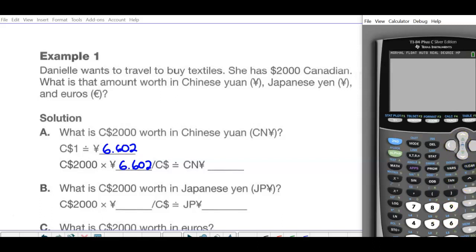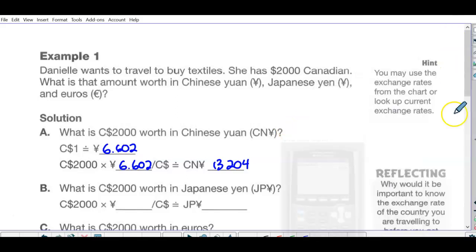I'm just going to do this again. 2,000 times 6.602. There we go. And that's 13,204. So you seem rich, because 13,000 is a lot, but that's equivalent to 2,000 Canadian, so it's not as much as you think.